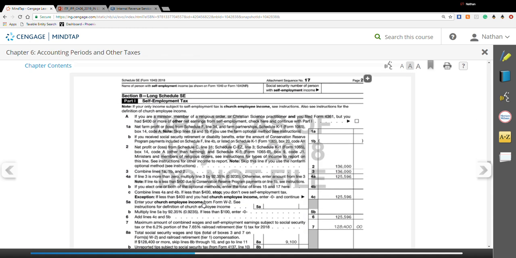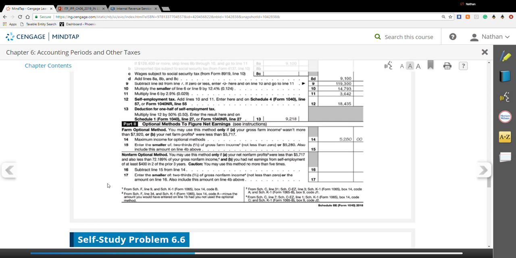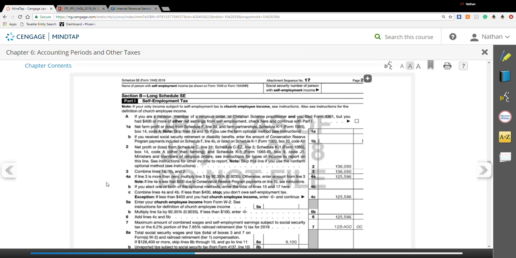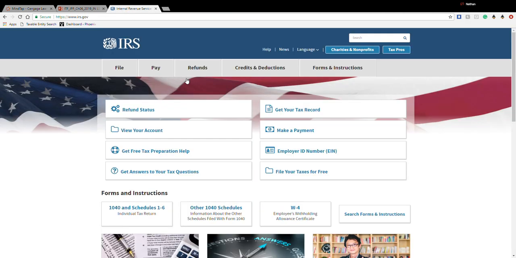Don't know why, but the long form tends to work out a little bit more. So self-employment tax, all right here. And again, it's always good to go through these, and understand how they work. Again, we kind of got into this when we did the Schedule C chapter.